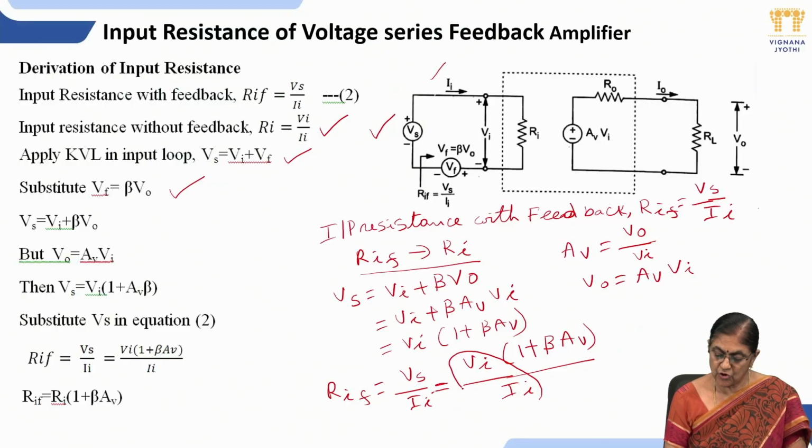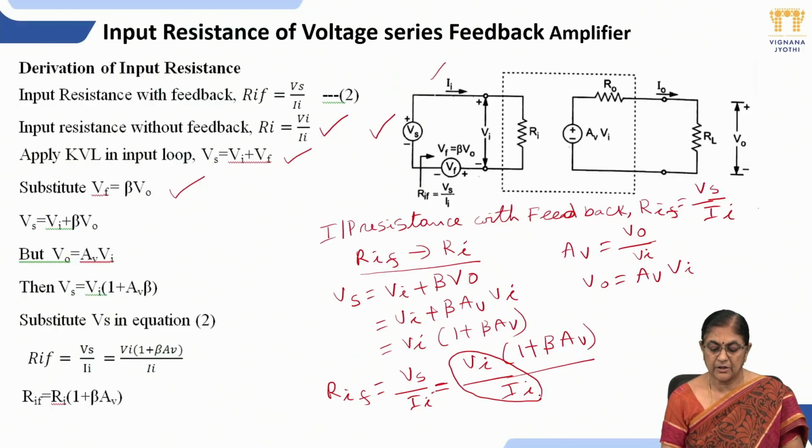So what is the ratio of Vi to Ii? Vi to Ii is input resistance without feedback. So then substitute Vi by Ii as Ri. Then finally you will get RIF is equals to Ri into 1 plus beta AV.